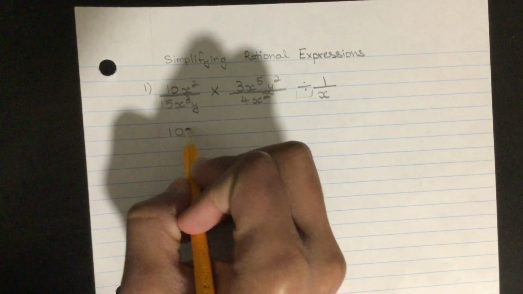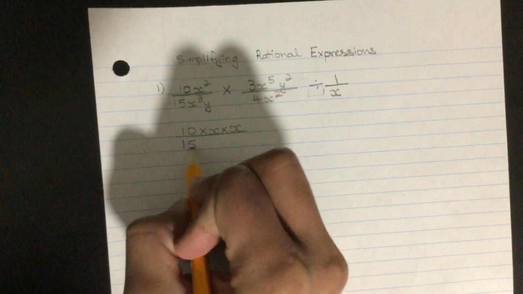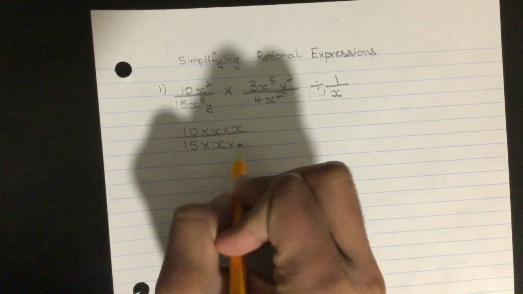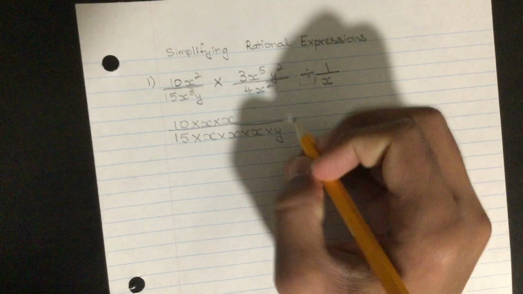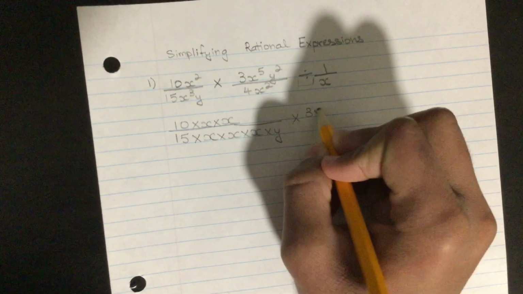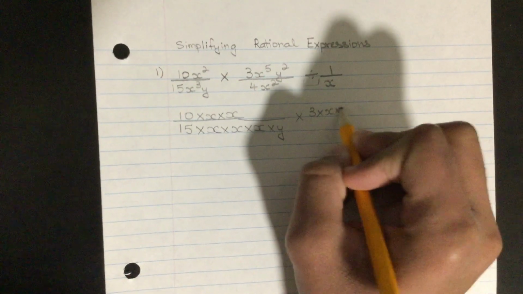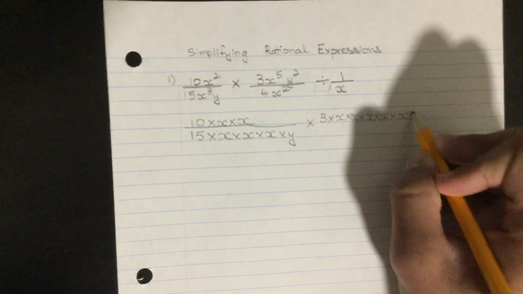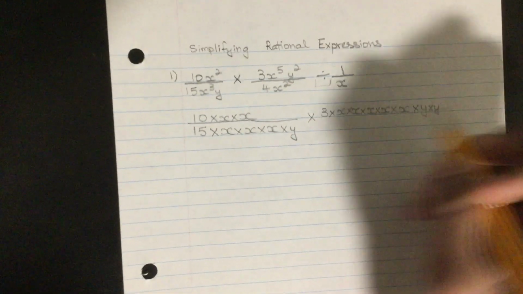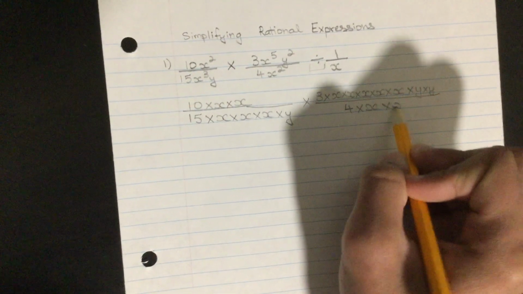So I do it this way: 10 times x over 15 times x times x times x times y, and then I have 3 times 5 x's, 1 2 3 4 and 5, and 2 y's over 4 times x.